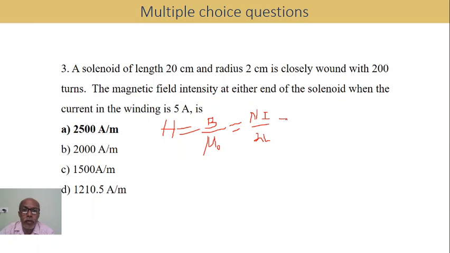And this will be equal to N is 200 into I is 5 ampere divided by 2 into L is 0.2, or 20 into 10 power minus 2. I will take 0.2 itself.